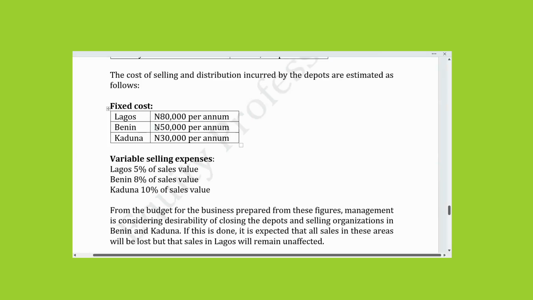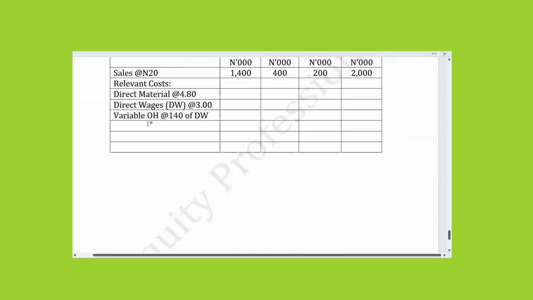So we have fixed selling expenses for Lagos, Benin, and Kaduna to be 80, 50, 30. Fixed selling expenses. For Lagos, 80, 50, then 30.